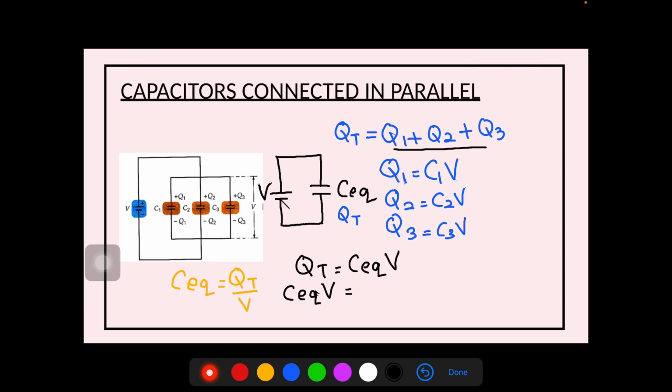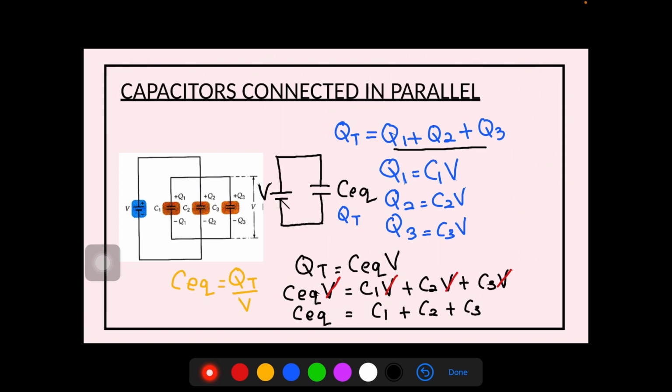So we can substitute Q1 with C1V plus C2V plus C3V. Since V is the same for V total, V1, V2 and V3, we can cancel it, and we get C equivalent equals C1 plus C2 plus C3.